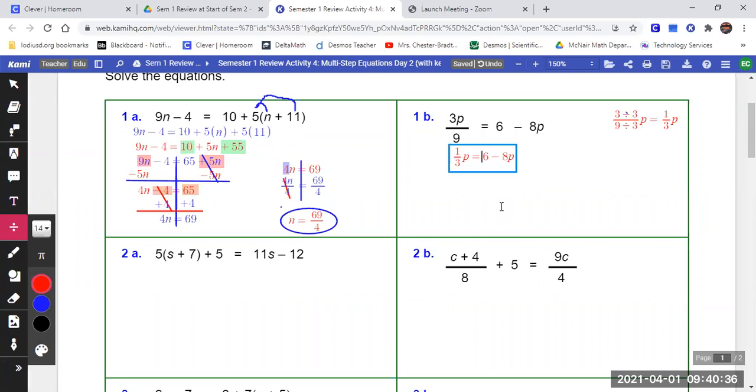Do we have adding and subtracting in this problem? Do I see an addition or subtraction in this problem? One-third P equals, yes, we do. We see the minus 8P. We see subtraction. Okay, so we have to do our big zero to our letters.